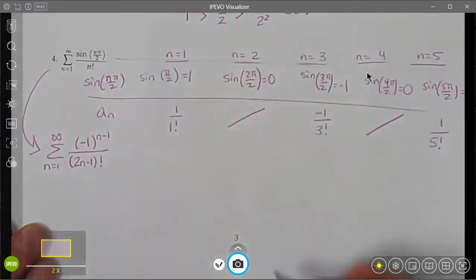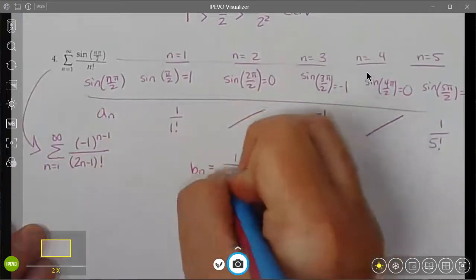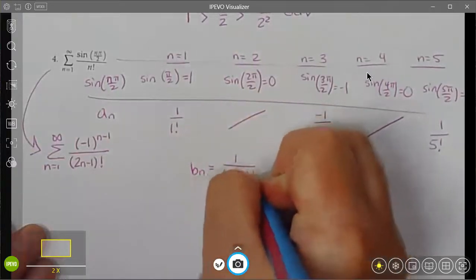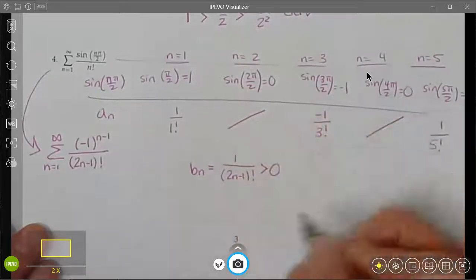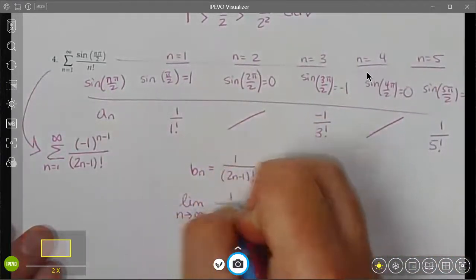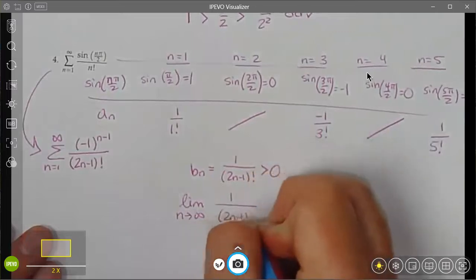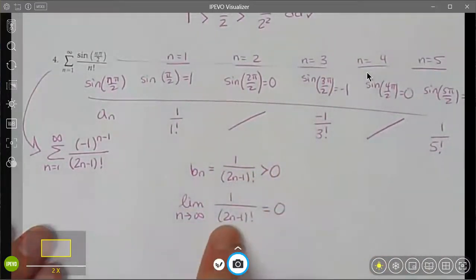Okay, so now I've rewritten this in a little easier way to interpret what's going on. So let's check our conditions. So b sub n is going to be 1 over (2n minus 1) factorial. And all of those are going to be greater than 0. And the limit as n goes to infinity of 1 over (2n minus 1) factorial is also going to 0. This is getting big very, very fast.